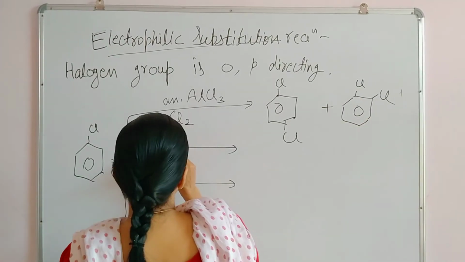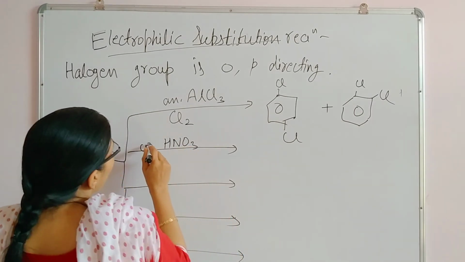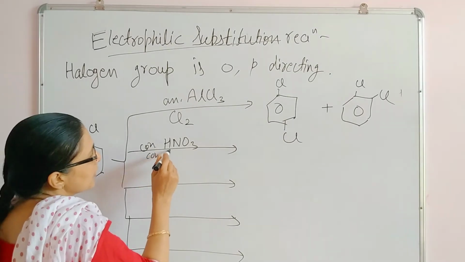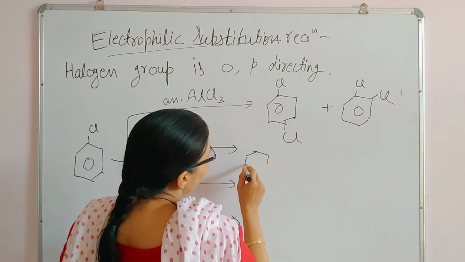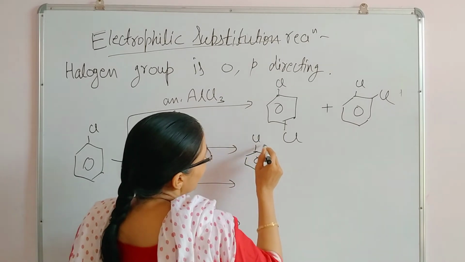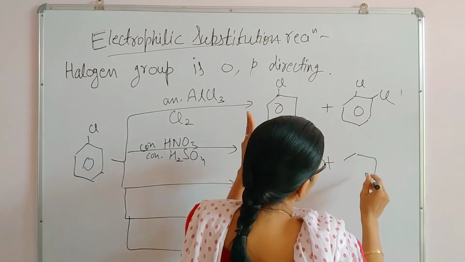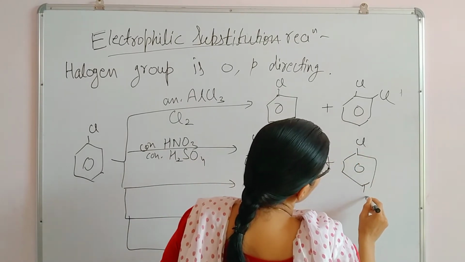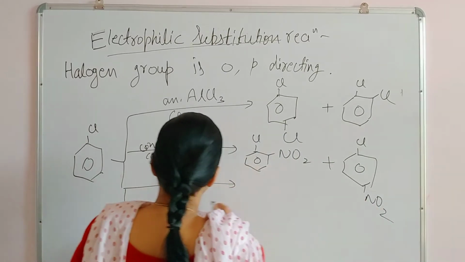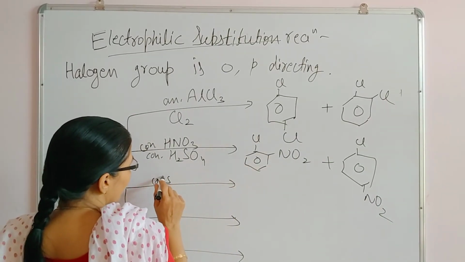Second reaction, suppose concentrated HNO3 in presence of concentrated H2SO4, then the nitro compound will enter, NO2, and as usual in all the compounds, the para position will be taken as well. Now next is only concentrated H2SO4.